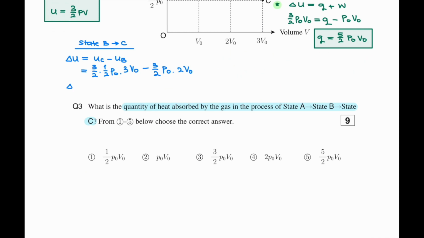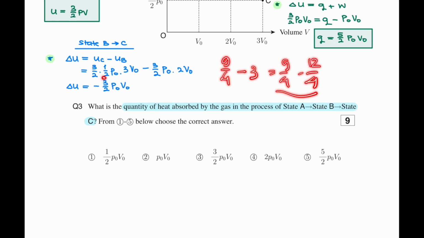So delta U for the process B to C is negative 3 over 4 PO VO. This is the change in internal energy. Sorry, my bad. Not 3 over 2, but 3 over 4.